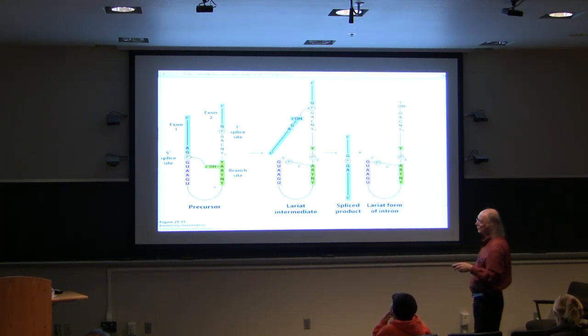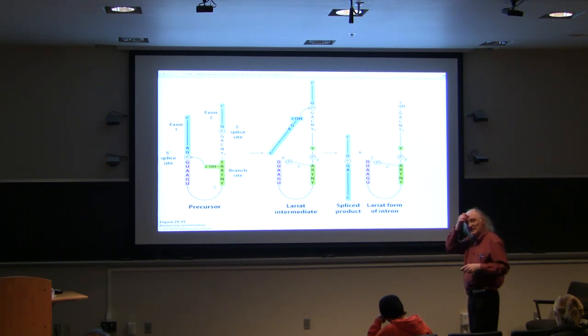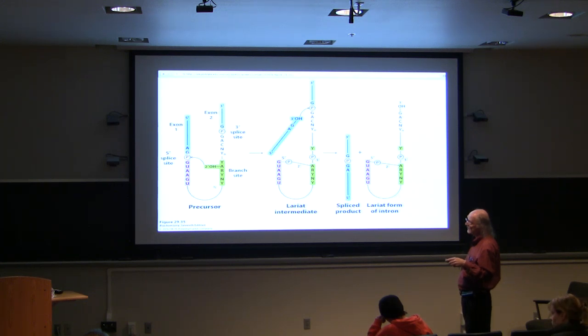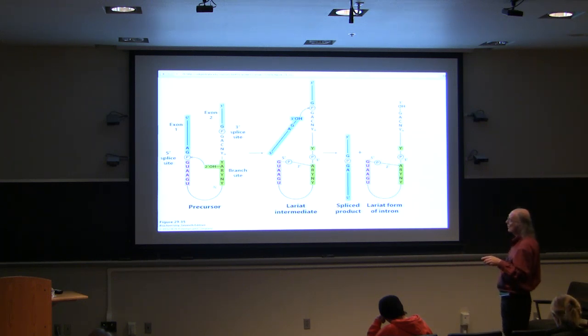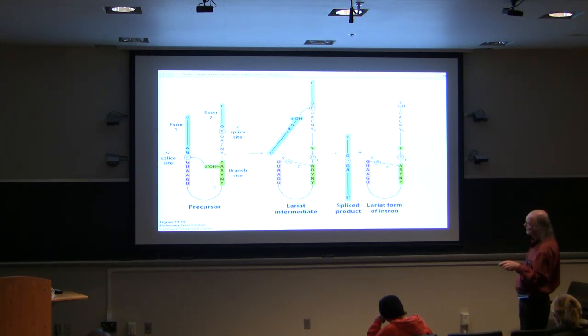The A has a 2' hydroxyl because it isn't attached to anything. That 2' hydroxyl will make a nucleophilic attack on the phosphate between the G of the exon and the G of the intron. That causes a break to occur and is what forms ultimately the lariat structure.